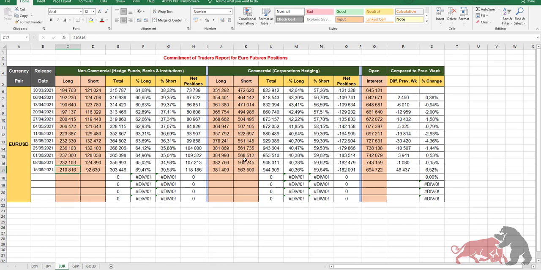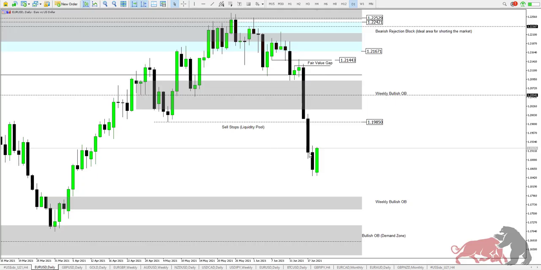Sorry, they've reduced their short exposure. So when you look at the overall percentage, you can clearly see longs have been reduced, but their short exposure has actually increased, meaning euro is going to be under pressure, right?